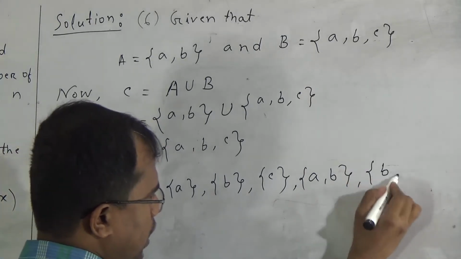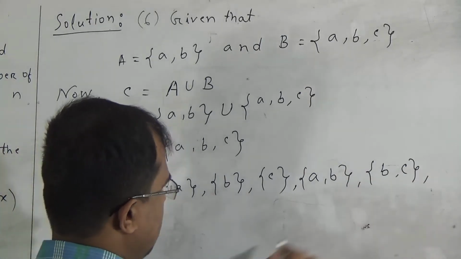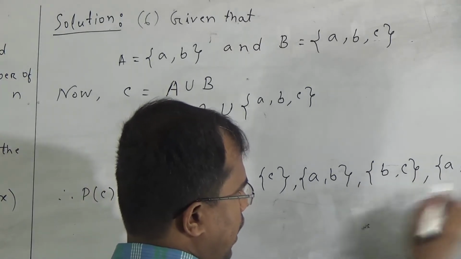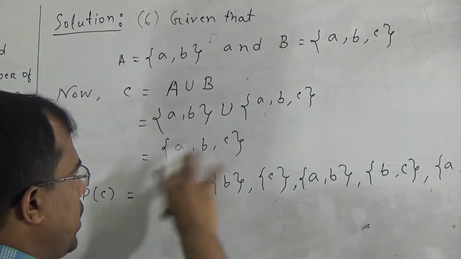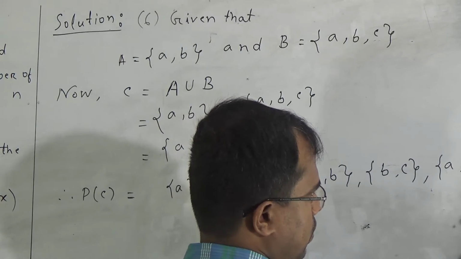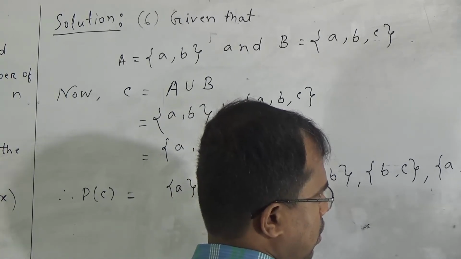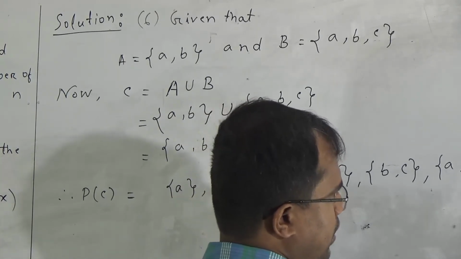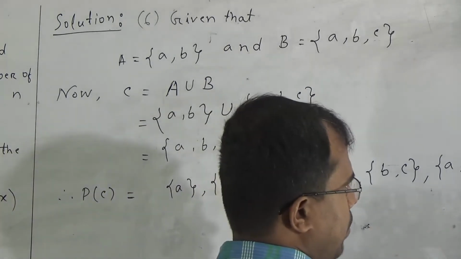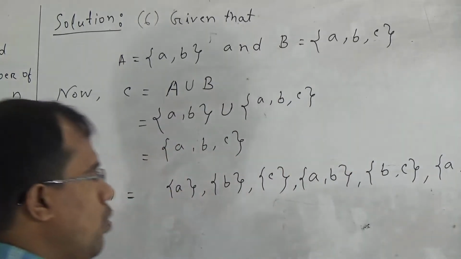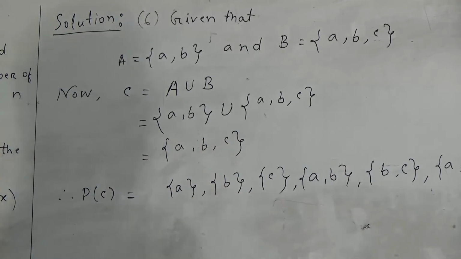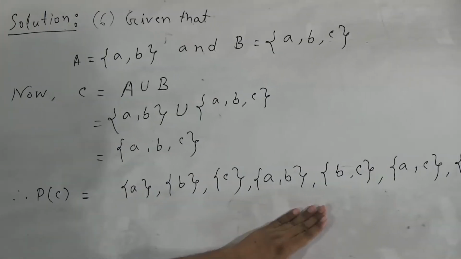Taking b and c, we can get another subset. Taking a and c, we can get another subset. Now taking all of the elements, that means a, b, c, we can get another subset. Now you know that the empty set is a subset of any set, so we can take the empty set also. Now all of the subsets of this set we have already written. We cannot make another subset except these subsets.